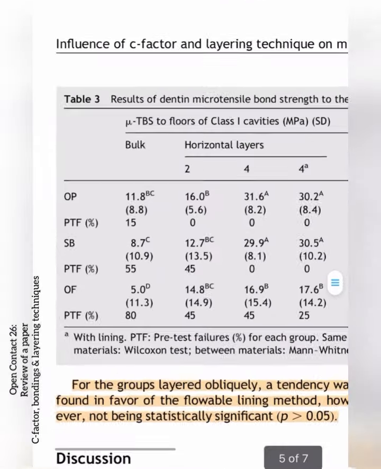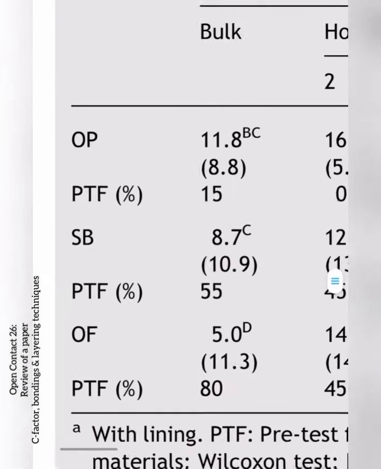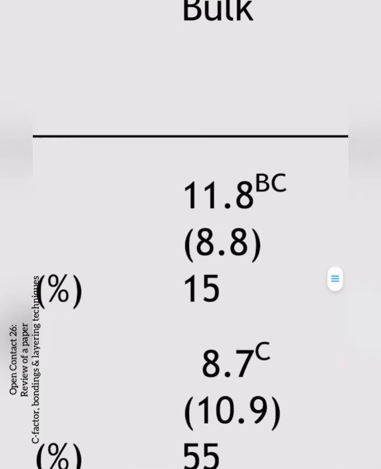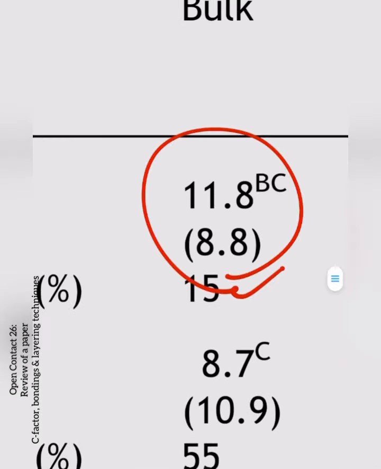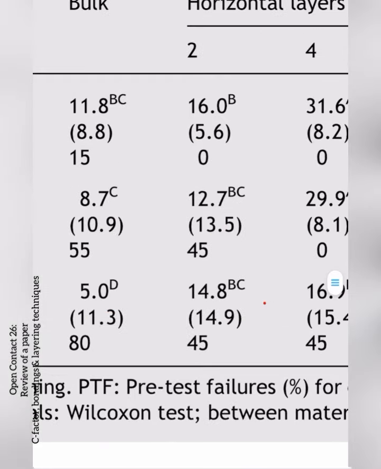But the important thing was in the layering techniques. The bulk filling technique had the poorest results, with 11.8, 8.7 and 5 megapascals.